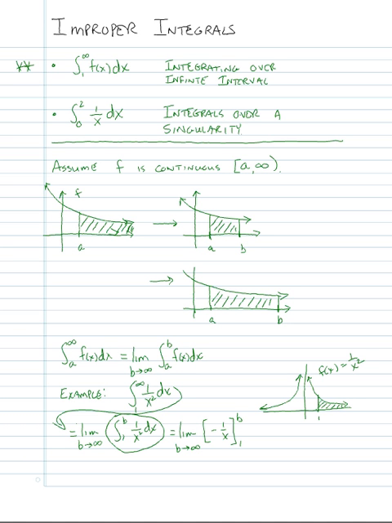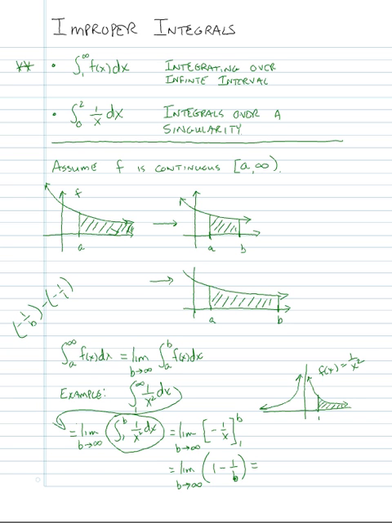Now, when we substitute a b in, we get negative 1 over b. And then we subtract what we get when we put a 1 in. I'm just going to simplify that as 1 minus 1 over b.